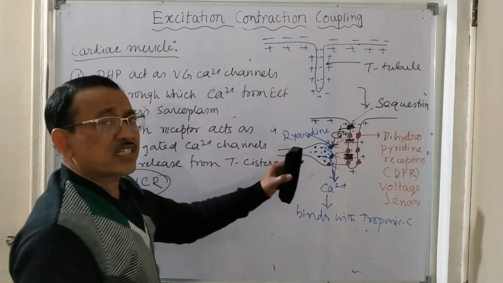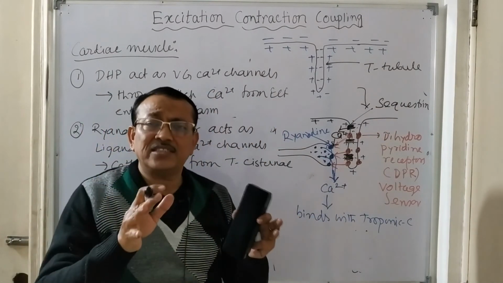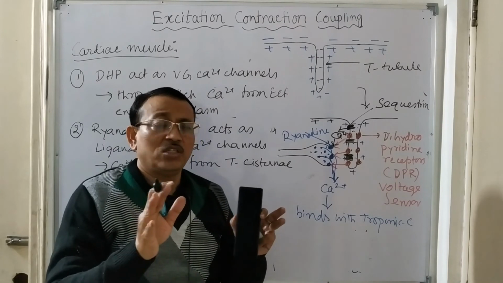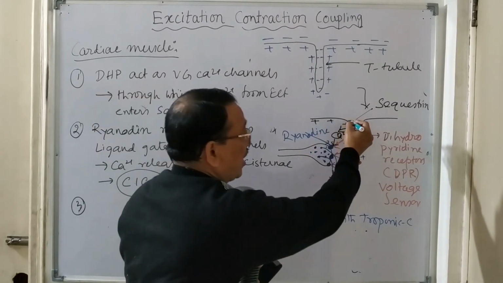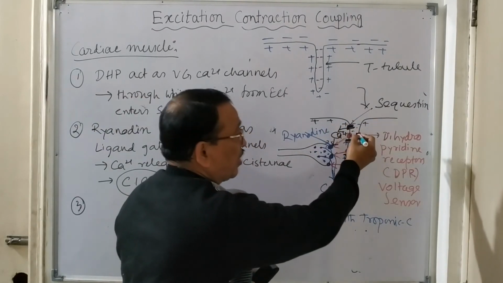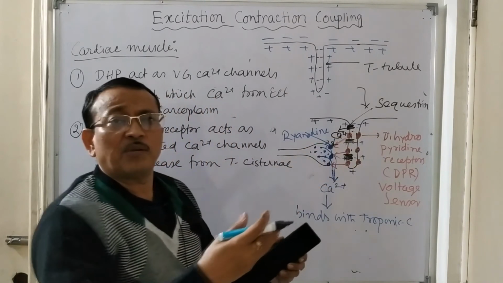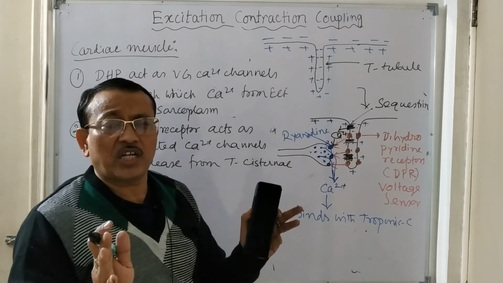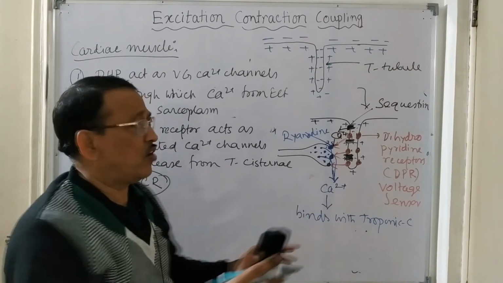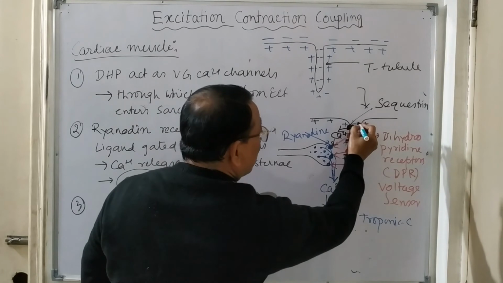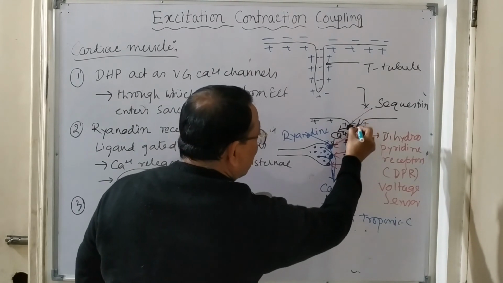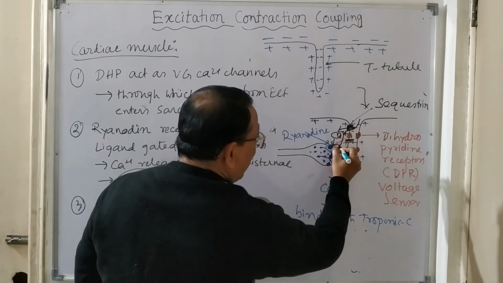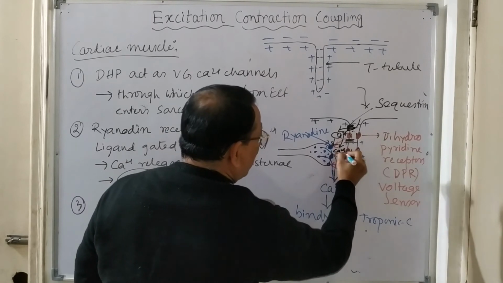This sequestrin normally binds the calcium ion. Once the action potential passes through the T-tubular membrane, sequestrin no longer binds the calcium ion. So sequestrin now releases the calcium ion, and that calcium ion again enters the sarcoplasm.